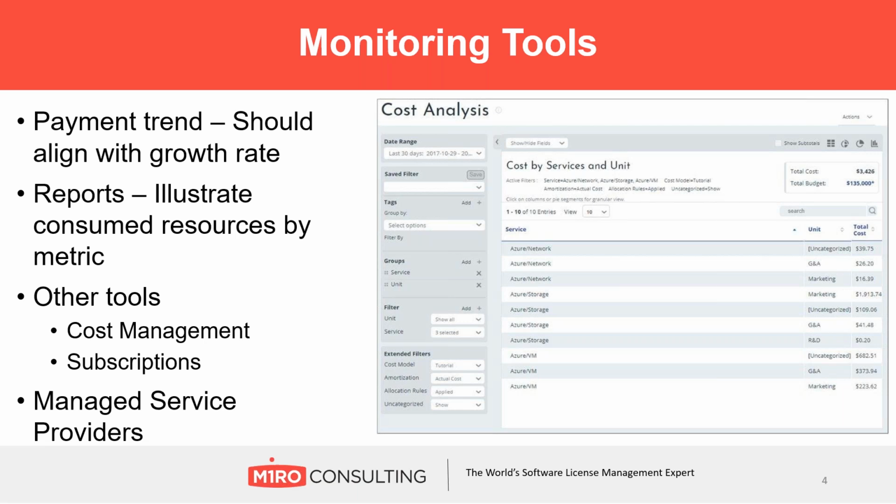Now, Azure provides reporting designed to detail its usage, including the rate, the amount consumed, and other information by metric. We need to emphasize this last point, by metric. The usage reports involve each metric, and some Azure resources involve multiple metrics.